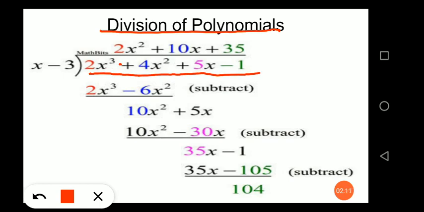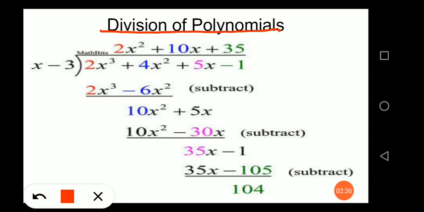So 3, 2, 1 and then 0. Similarly, our divisor should also be arranged in decreasing order of powers of the variable. If it is not arranged in decreasing order of powers of the variable, then we can get an incorrect answer.